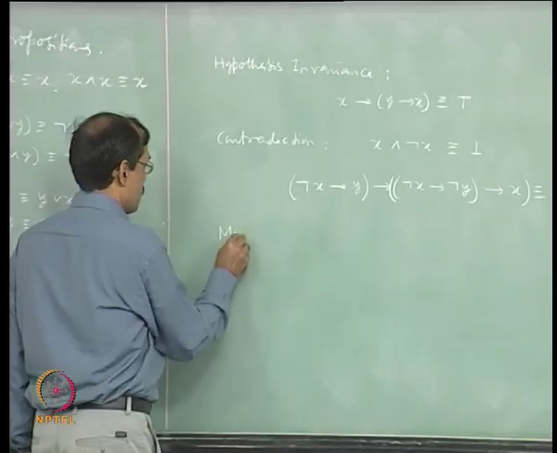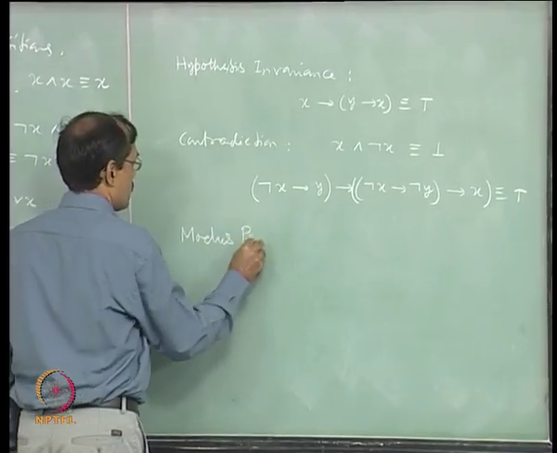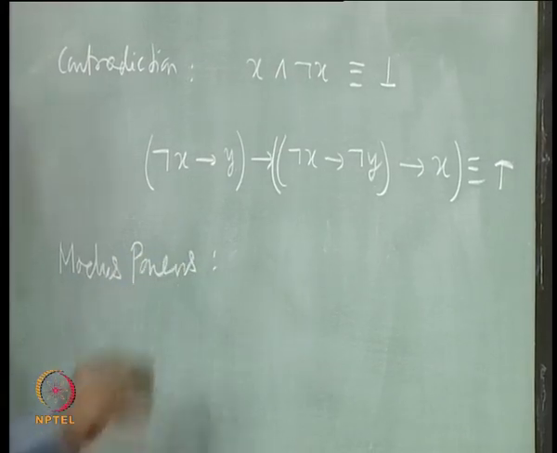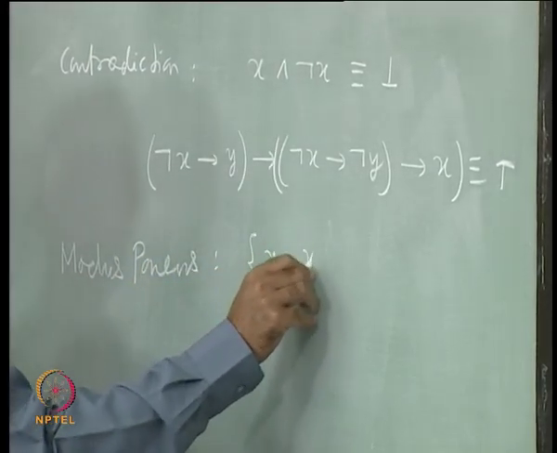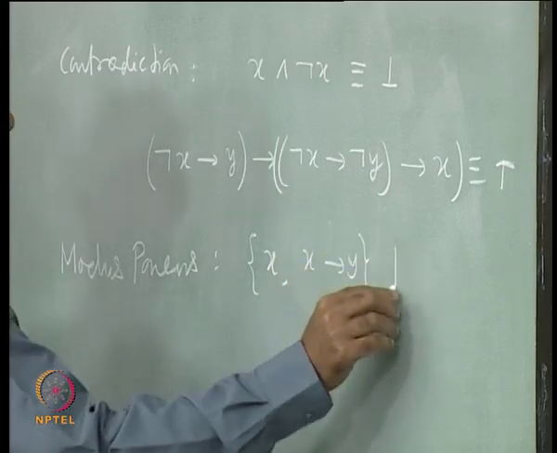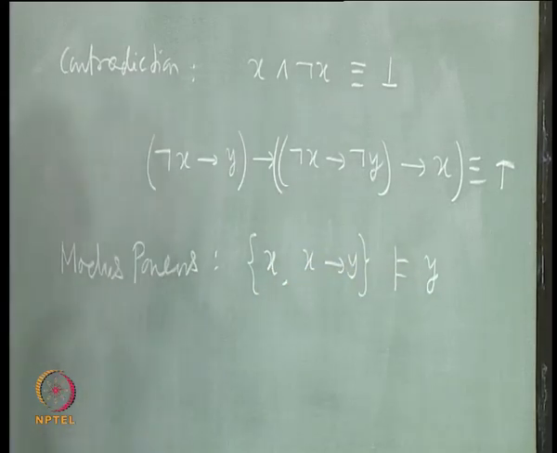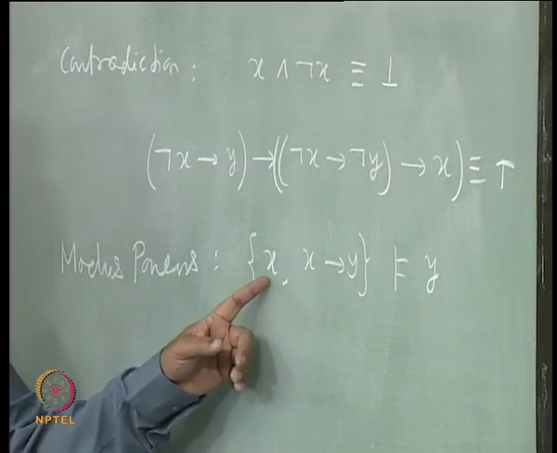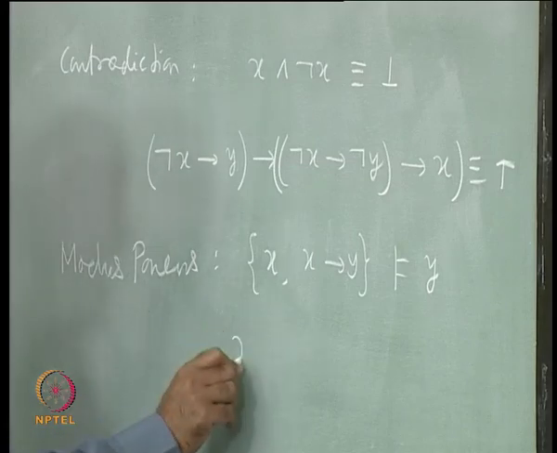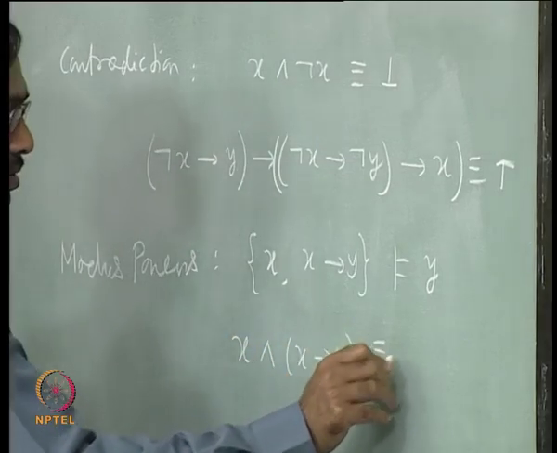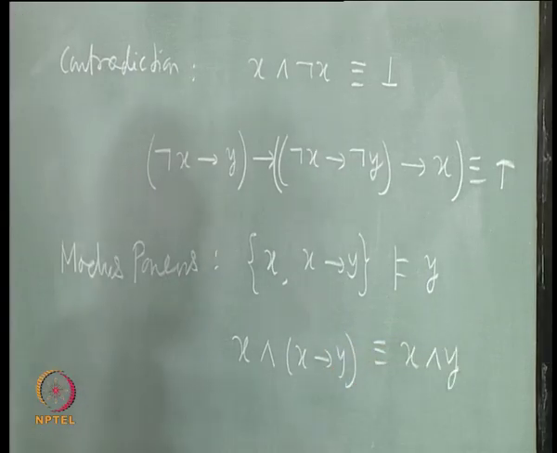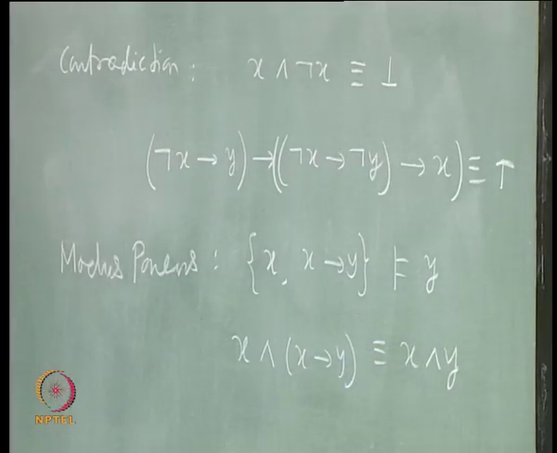There is something called modus ponens, this is very helpful. It says x implies y, from that you can conclude y as a consequence. Once you write it as an equivalence, you can also keep your x. So, that means x and x implies y is equivalent to x and y, right.